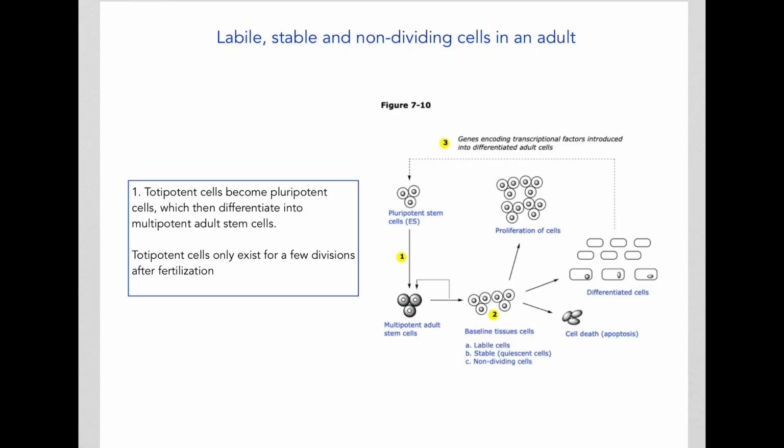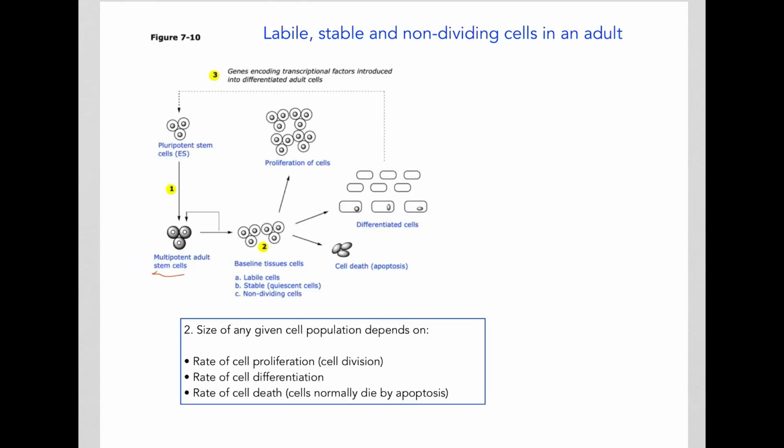So as we develop from an embryo, as mentioned earlier, the totipotent cells will become pluripotent cells, and then these pluripotent stem cells will become multipotent adult stem cells. And then these multipotent stem cells will differentiate into the various types of specialized cells, the 200 or so different types of specialized cells.